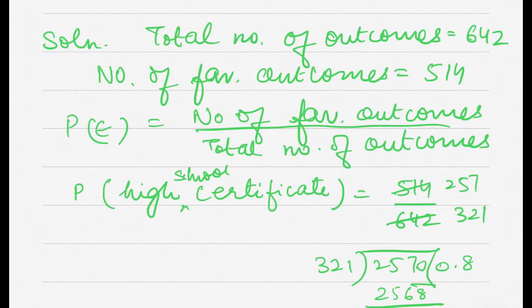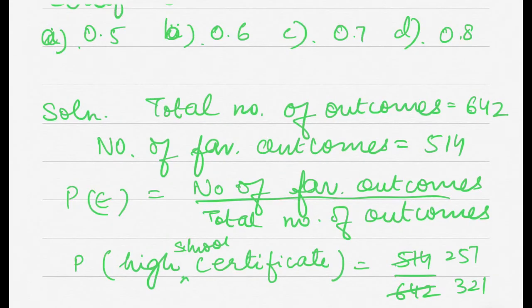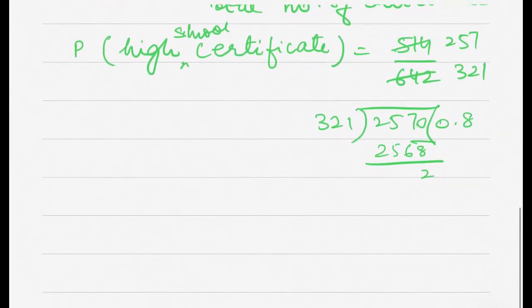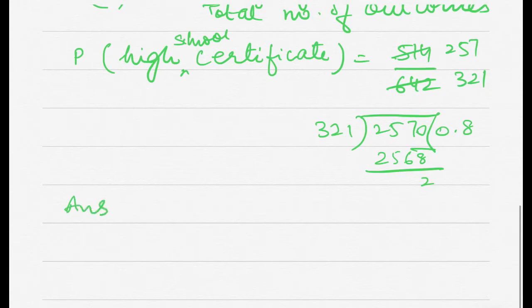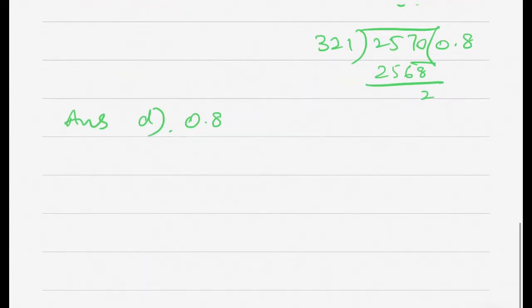So now I can see my answer is D, and the answer is 0.8. In multiple choice questions, you have to write down both the option as well as your answer to get full marks.